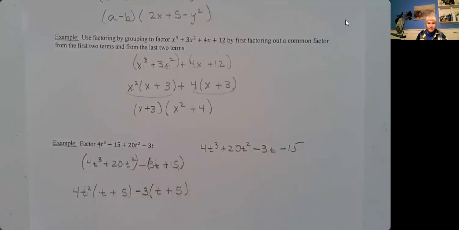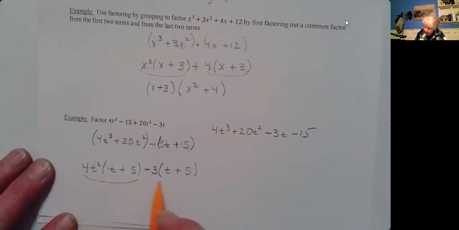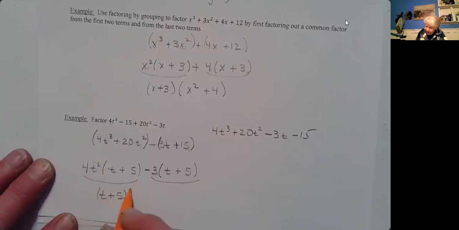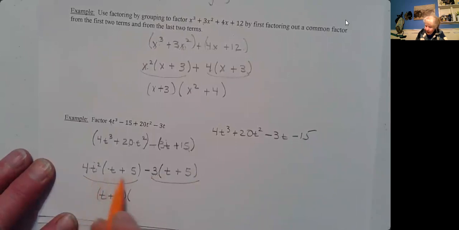Okay. In the middle. Now, what's in common with these groups? It's a t + 5. If I pull it out of this group, I've got 4t squared. If I pull it out of this group, it's a -3.